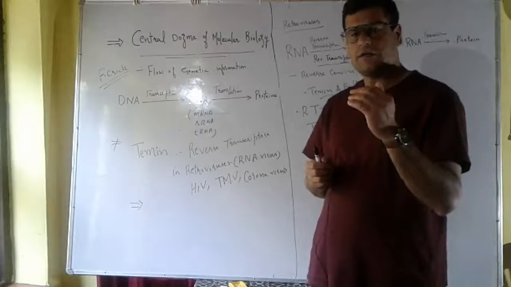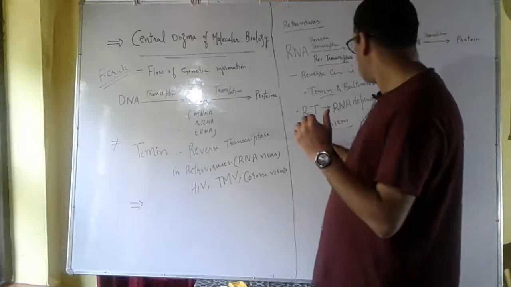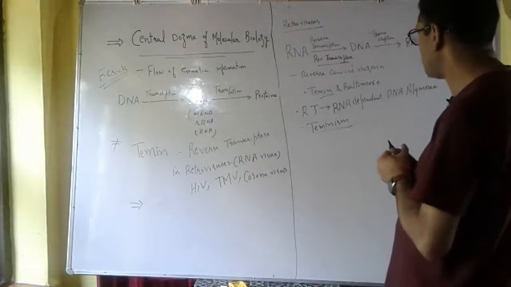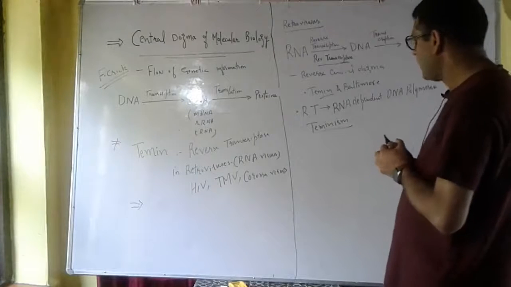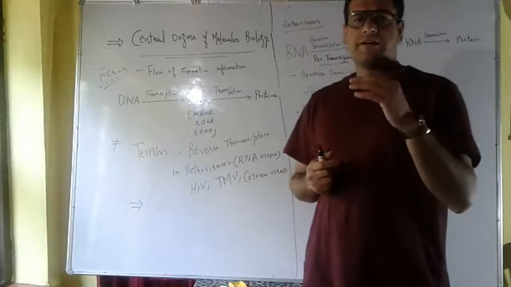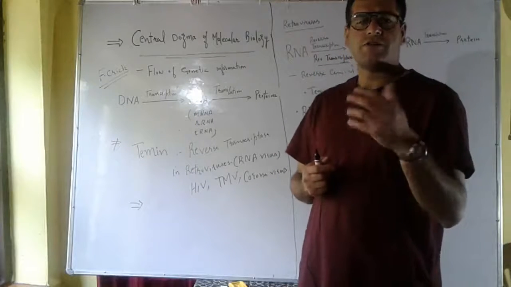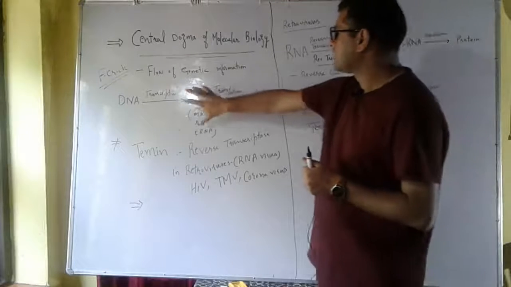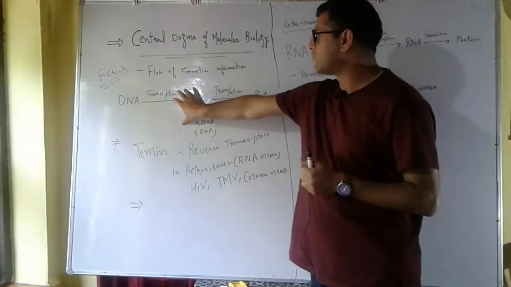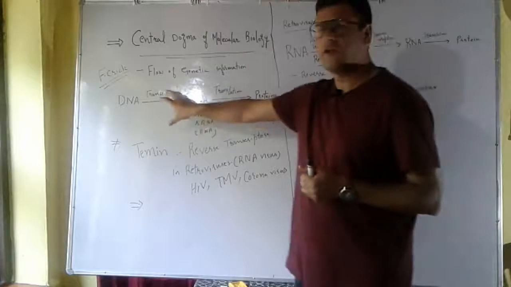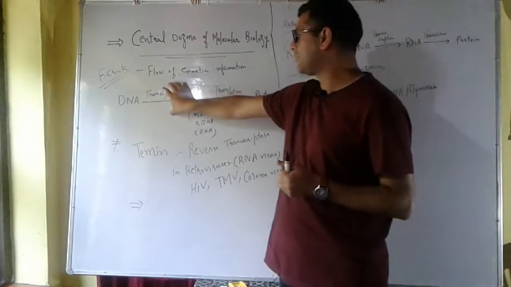This is what is called the reverse central dogma. Because in retroviruses RNA is a genetic material, the first central dogma, proposed by Francis Crick, that DNA gives RNA and RNA gives proteins, was the earlier version of the central dogma of molecular biology.